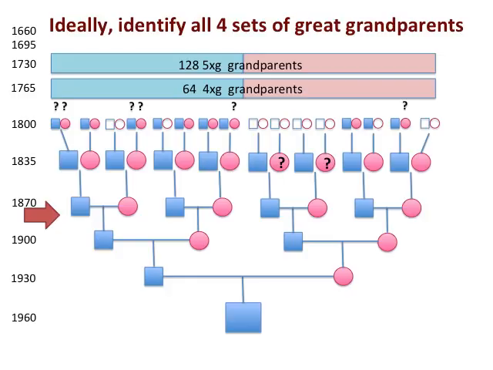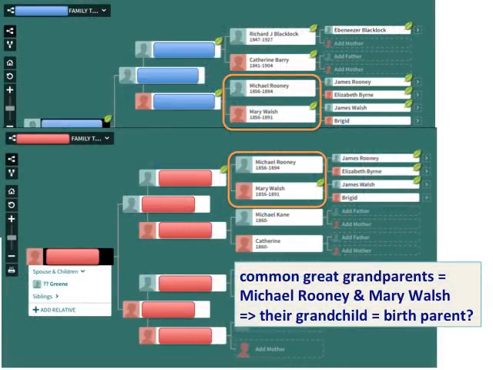Similarly, if they were great-great-grandparents, I'd be back to 1835, which is beginning to be at the limit of Irish records. And if they were great-great-great-grandparents, I'm back to 1800. And the chances are starting to get much lower that I'm going to be able to connect the two trees like I have done here.